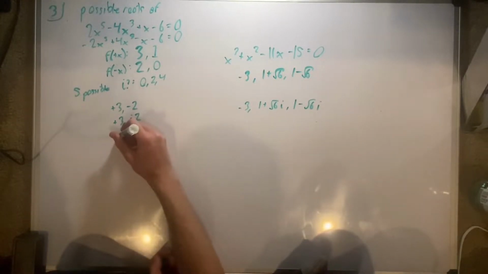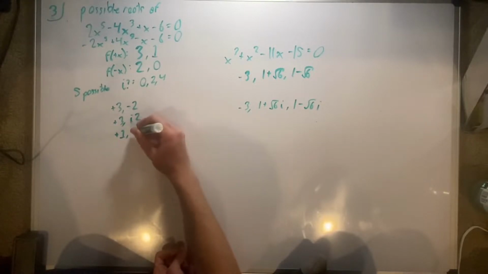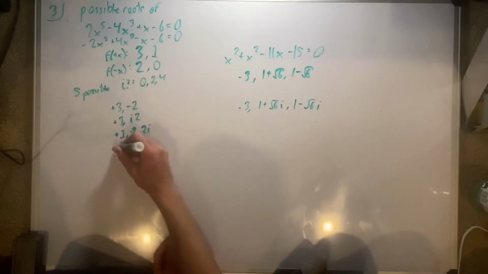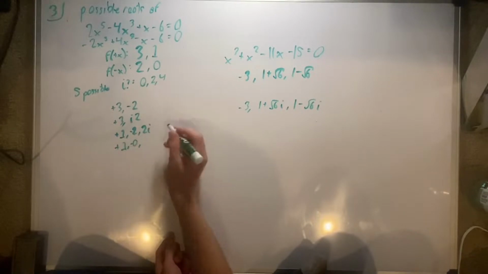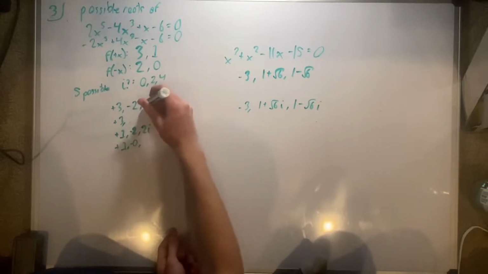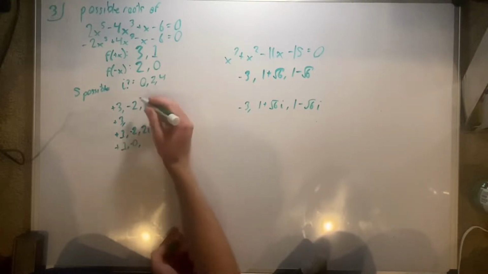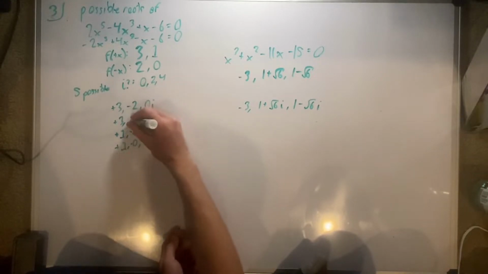We could have 1 positive, 2 negative, 2 complex. We could have 1 positive, 0 negative, or let's just put all of the things here. 0i, this will be 2i, or actually 0.